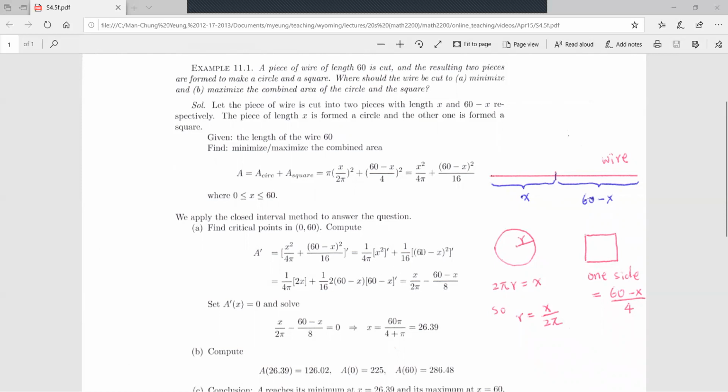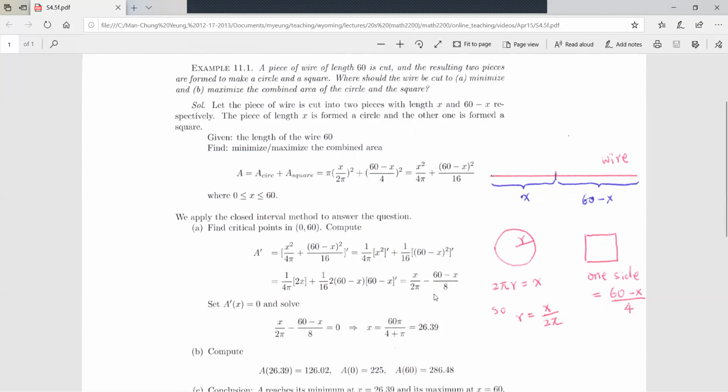So 60 minus x is u. So the derivative of u squared is 2 times u, and then times the derivative of u. Chain rule. So the derivative of 60 minus x is negative 1. So we get this result.